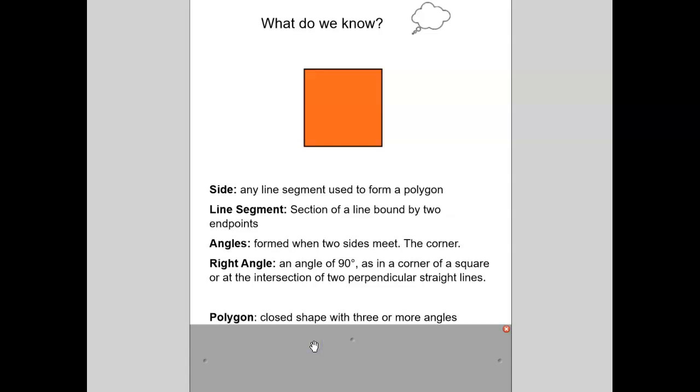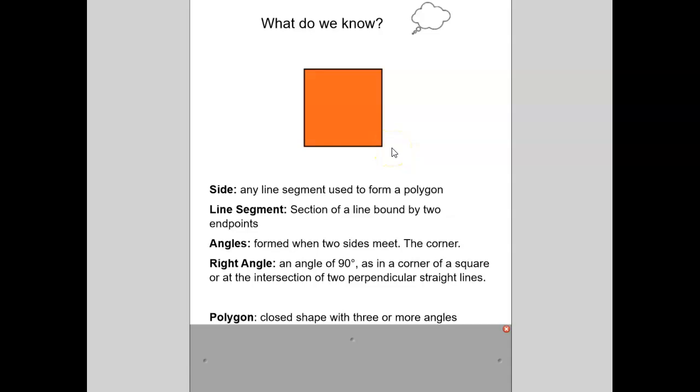Perfect job. You remembered that the sides were any line segment with endpoints on a shape. So a side is any line segment in a polygon. And you know that the side changes direction and becomes a new side.